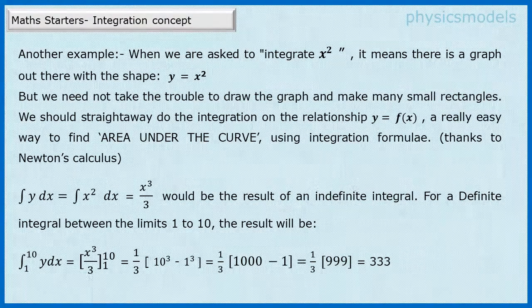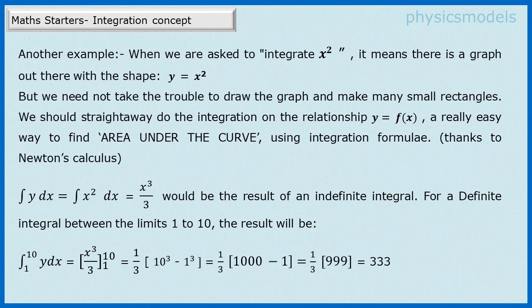You know that the width of each rectangle is dx and y is on the vertical axis. So the integral of x square dx will be x cubed by 3; in general, x to the power n plus 1 divided by n plus 1. This is a generic indefinite integral. If we have to do a definite integral, then let's say we have to do the integral of y dx from 1 to 10.